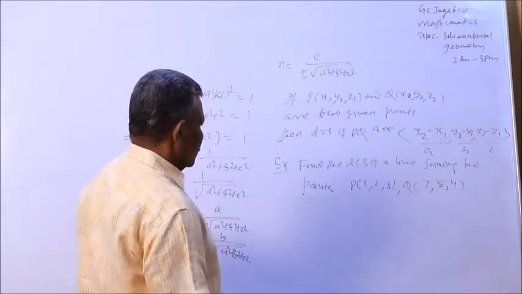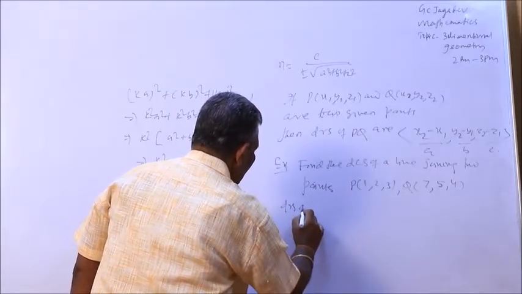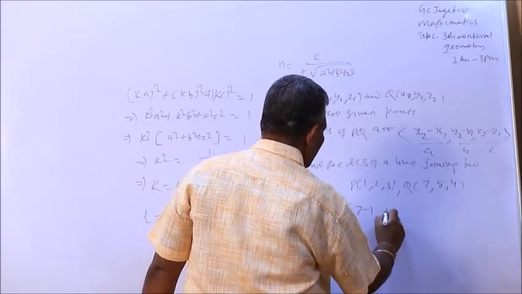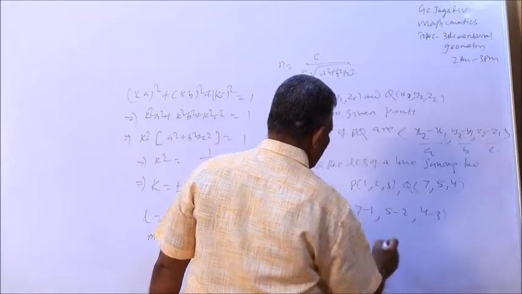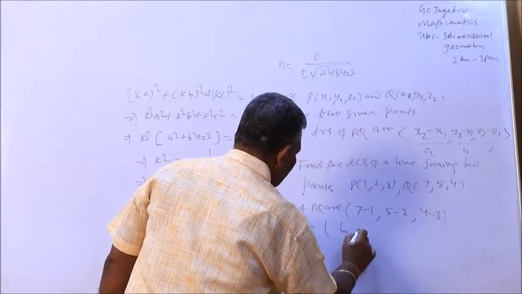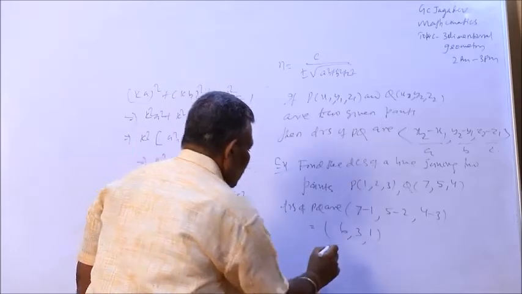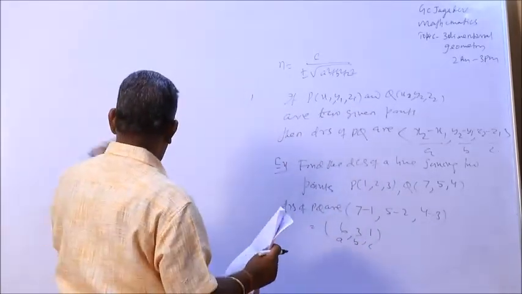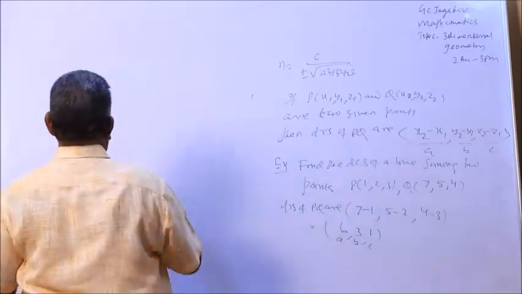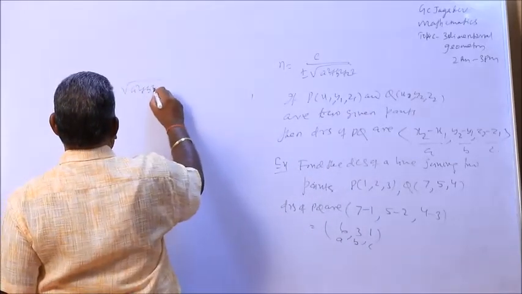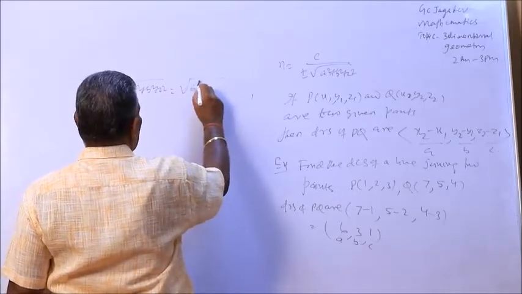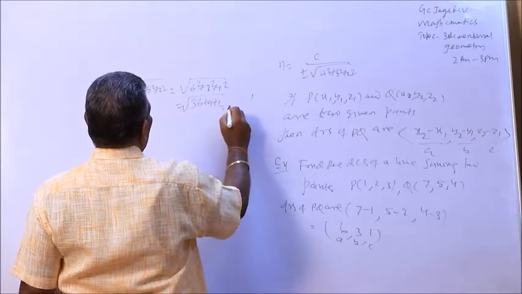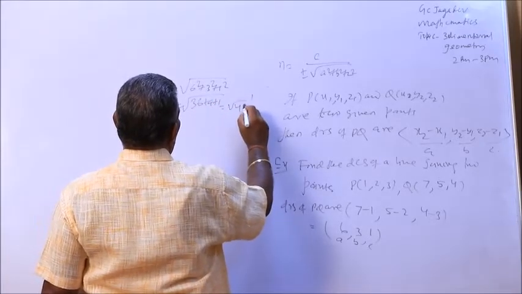So DRs of PQ are 7 minus 1, 5 minus 2, 4 minus 3, that is 6, 3 and 1. So you can take it as A, B, C. So here root over A square plus B square plus C square equals root over of 6 square plus 3 square plus 1 square, that is 36 plus 9 plus 1, that is root 46.